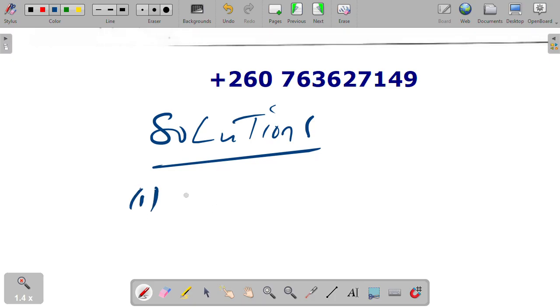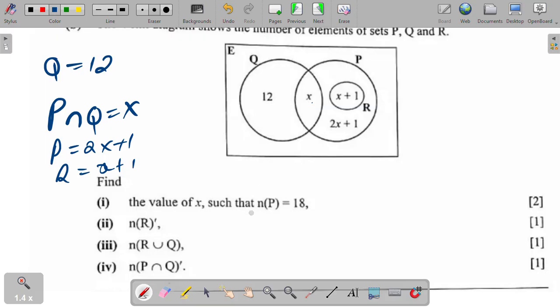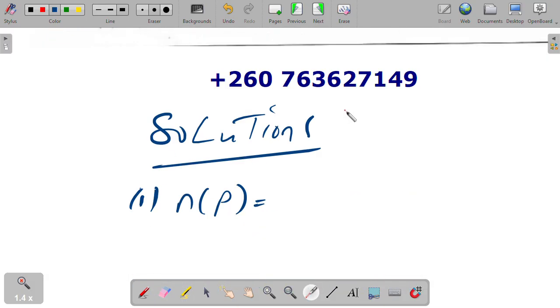We find x by saying the number of elements in P is equal to, we're going to add everything in here: x, 2x plus 1, and x plus 1. We're not adding 12, because we are focusing on the total number of elements in P. So we are adding only x, this, and that.